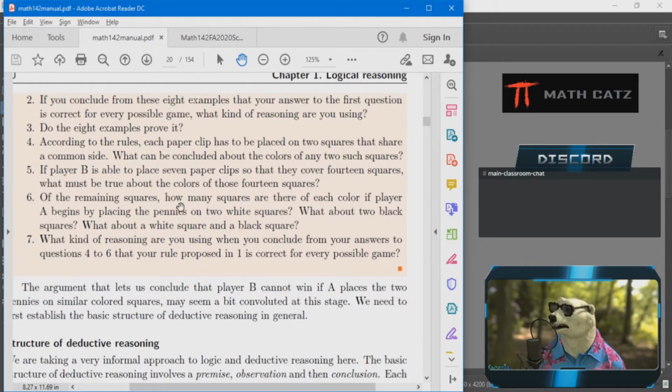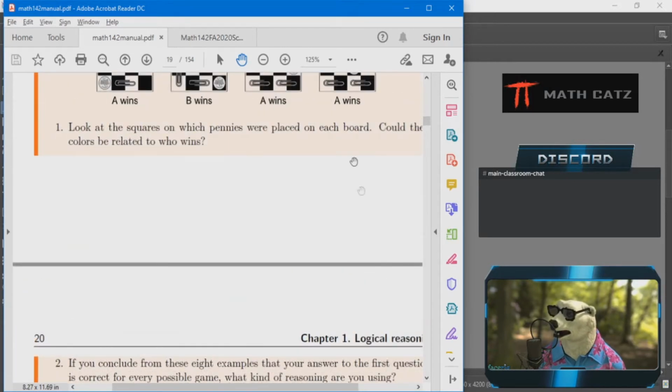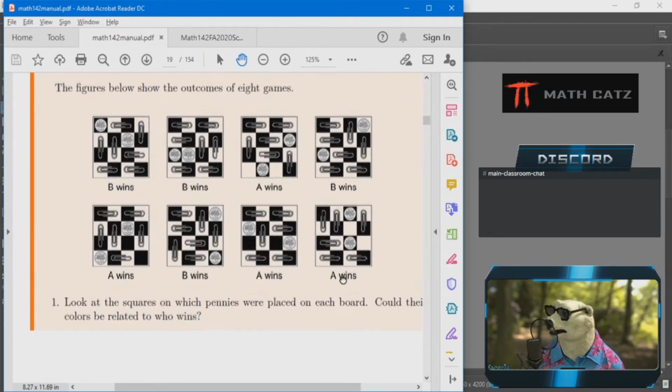Of the remaining squares, how many squares are there of each color if player A begins by placing the pennies on 2 white squares? What about 2 black squares? What about a white and a black square? So depending on where A, who starts, places their pennies, the number of black and white squares could differ for player B to place paperclips on.